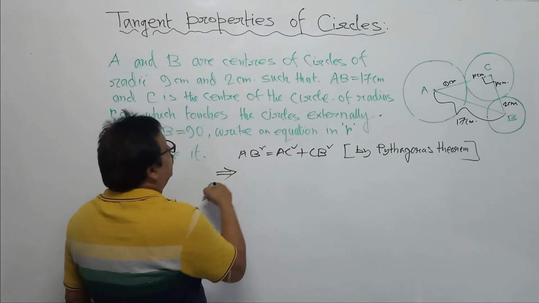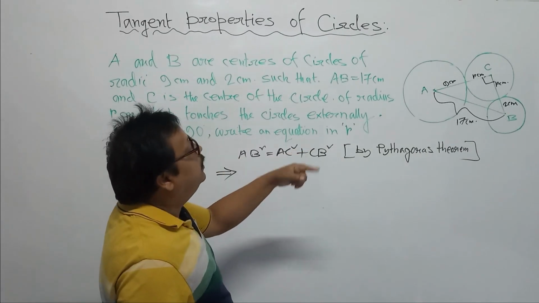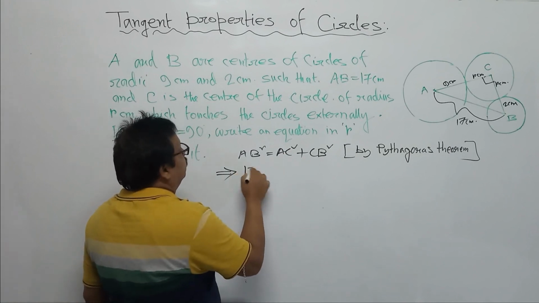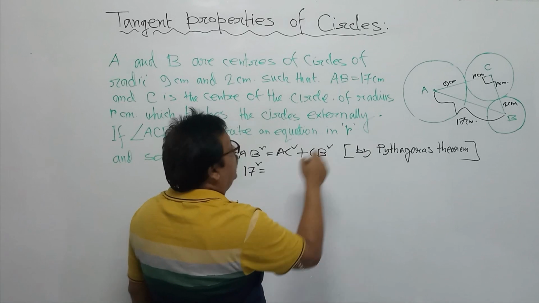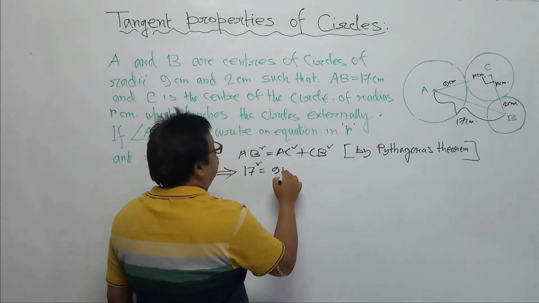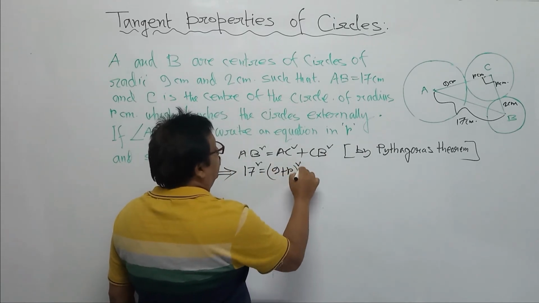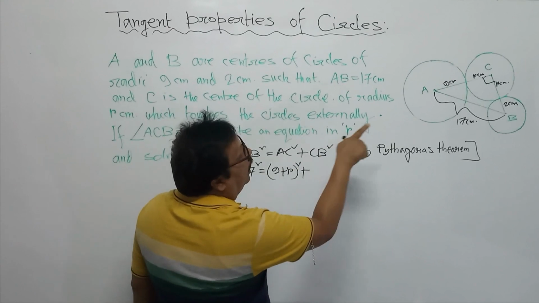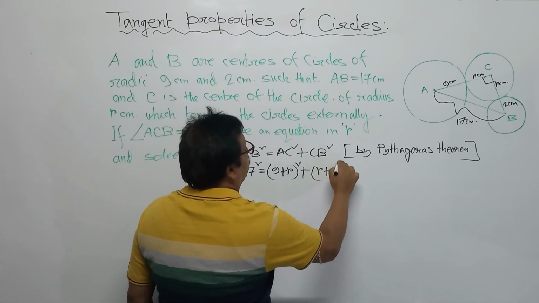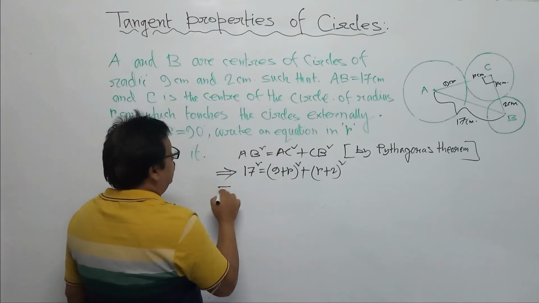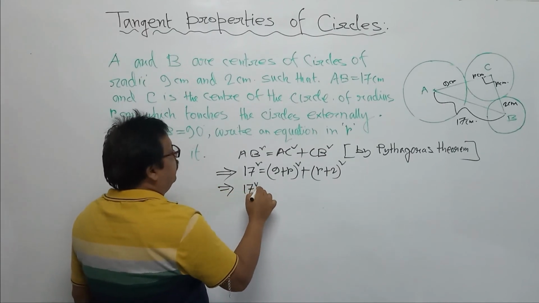This implies, what is the value of AB? 17 centimeters. What is the value of AC? 9 plus r. Plus CB, r plus 2, whole square. This implies 17 square.